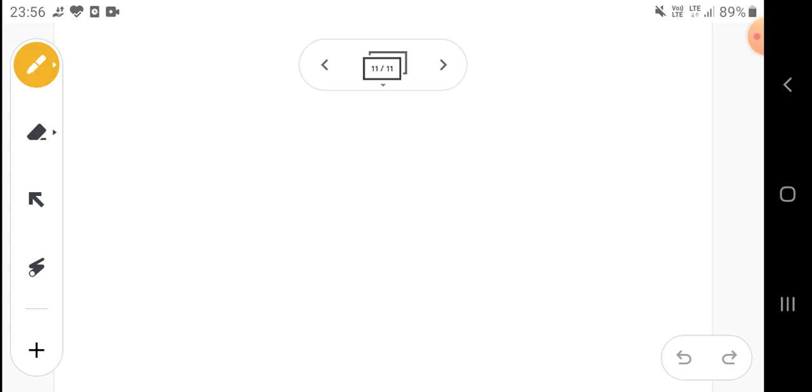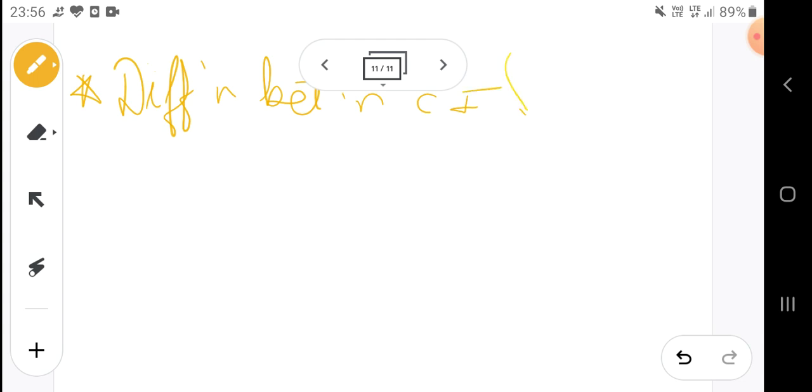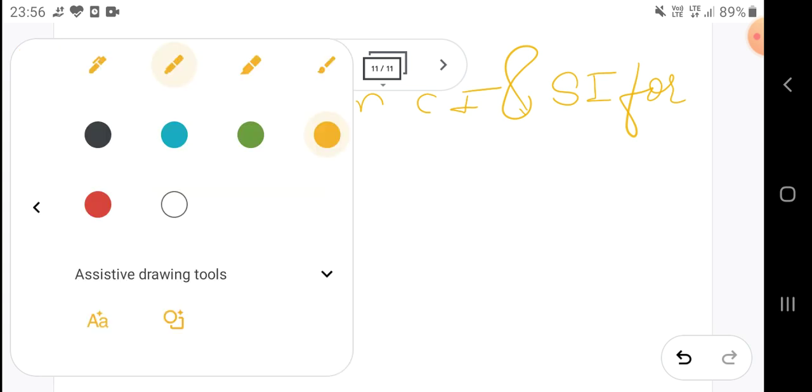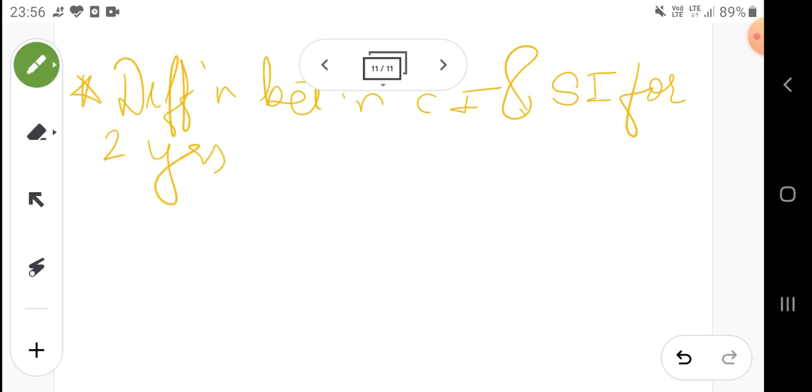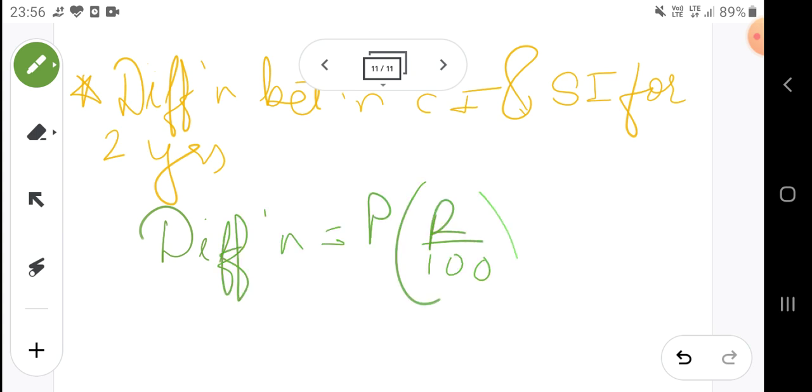Now let's see. If it's said to find the difference between CI and SI for 2 years, that will be principal (R/100) squared.